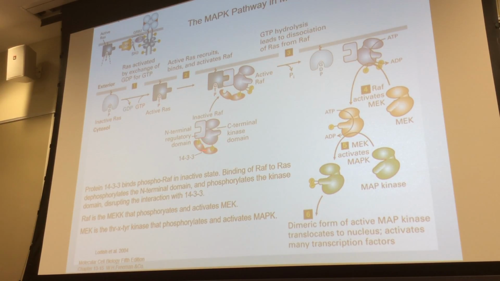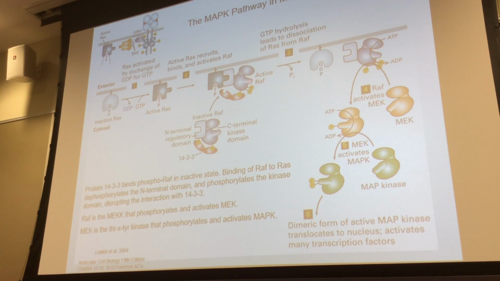These kinases have phosphorylated the RAF for it to bind to the 14-3-3, but it gets reconfigured as the 14-3-3 drops off, and now we have phosphorylation at other sites.